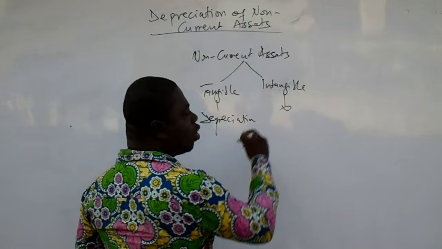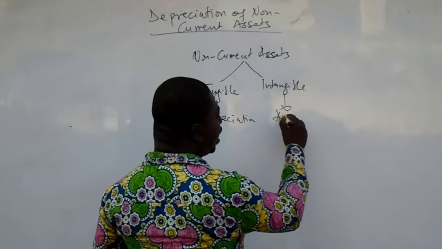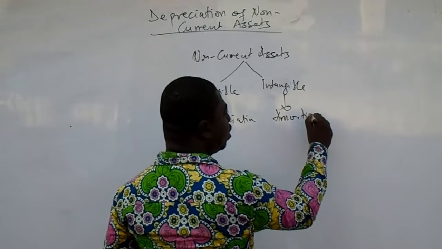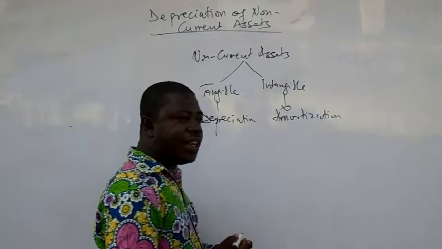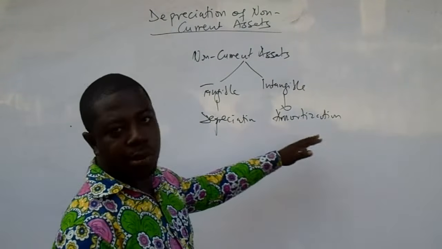And when the intangible non-current assets are losing the same value, we call it amortization. So let us try and differentiate between depreciation and amortization.